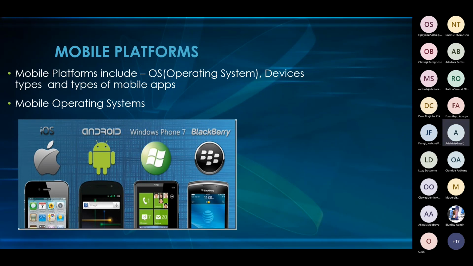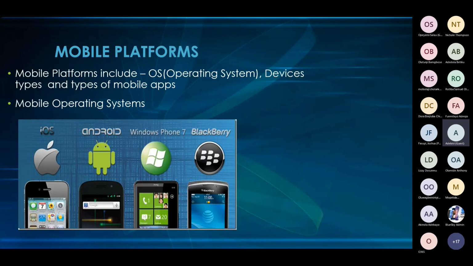So it's always good for us to know the importance of this introduction, because an introduction to mobile testing is very good, so that people will know the importance of what to do. If you know what platforms and operating systems are, you know which ones to go into and which ones not to go into.